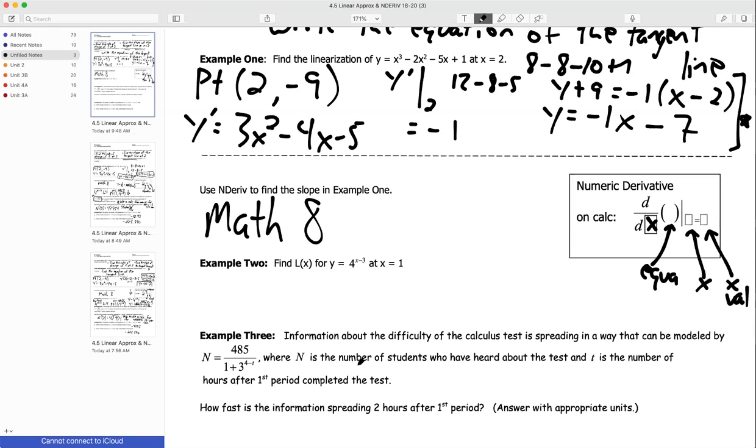Okay, so just for a little review, let's review how to take this derivative by hand. First of all, what's the derivative of 4 raised to the x minus 3? Do we remember this? I hope so.